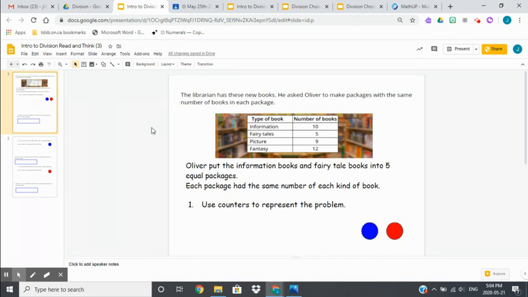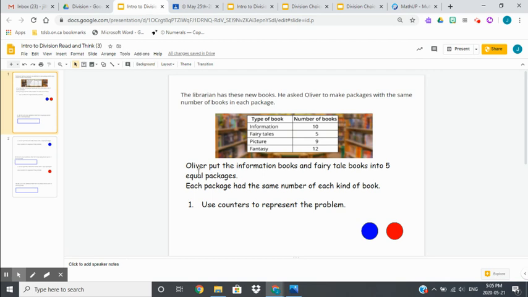Here's the question. The librarian has these new books. He has 10 information books, 5 fairy tale books, 9 picture books, and 12 fantasy books. The librarian asked Oliver to make packages with the same number of books in each package.